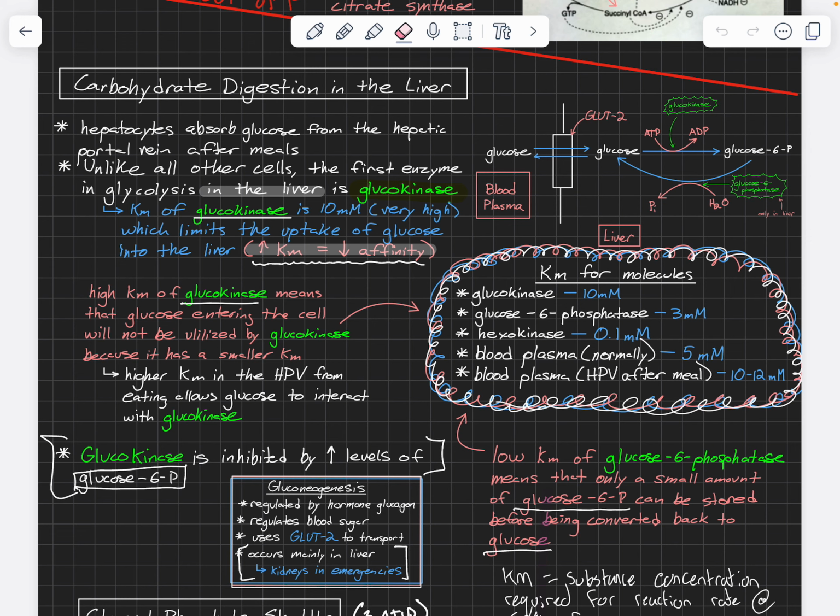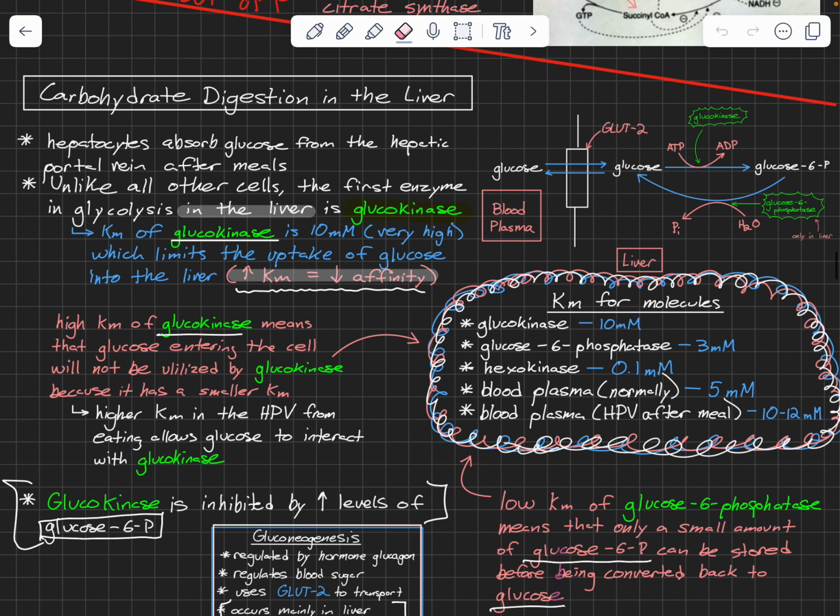But some cool things that we need to know, particularly about the liver, is that when we are going from glucose to glucose 6P, instead of it being hexokinase, similar to muscle cells, we are going to be referring to this enzyme as glucokinase. And again, it costs us 1 ATP right here to transform glucose into glucose 6P, but just a different enzyme there. And if we remember too, we can also go from glucose 6P back to glucose through the work of glucose 6-phosphatase.